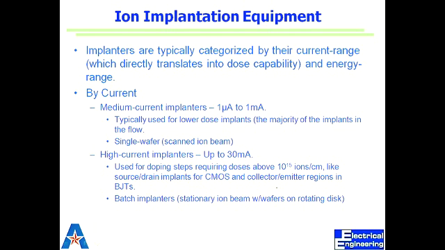So this can do low dose implant, and we can do doses above 10^15, which are used for source and drain. And this one can do batch, where we have the ion beam stationary and wafers are rotating on a disk, and this one is where we put one wafer down and the beam scans over it.